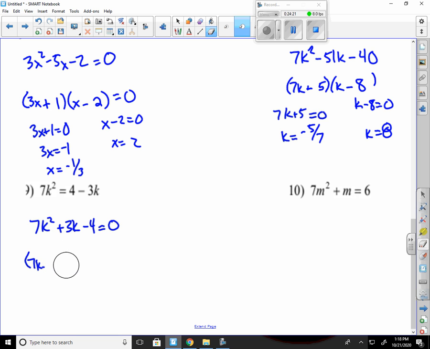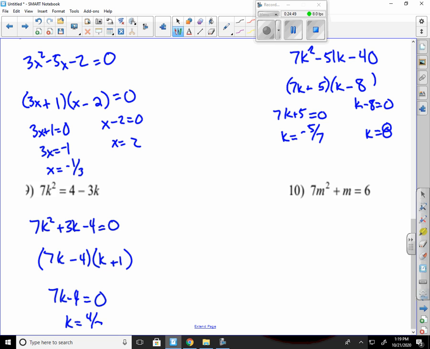So I just need to rearrange. 7k minus 4, k plus 1. 7 times 1 gives me 7. Minus 4 gives me positive 3. That gives me k equals 4/7 and k equals negative 1.